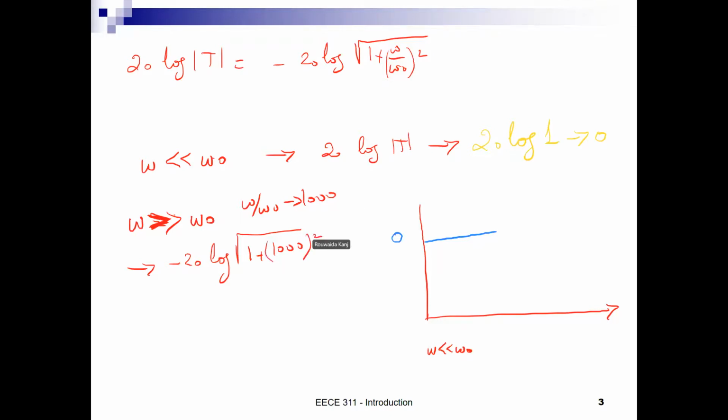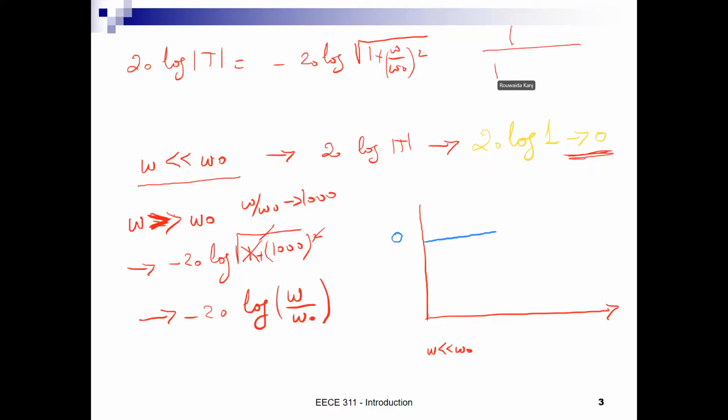No. So the 1 will disappear from my expression and the square root and the square will disappear. So this is going to tend to minus 20 log of what? Omega over omega 0.